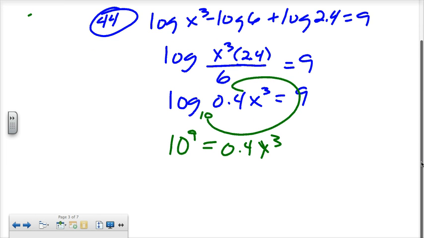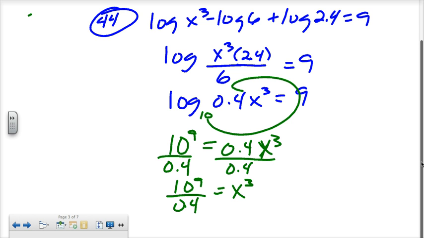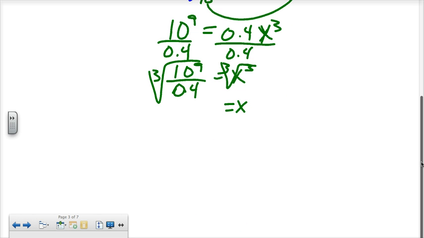Then we would go ahead and divide both sides by 0.4. And that would give us x cubed. And then finally, we would take the cubed root to get our answer. So let's see here, 10 to the 9th divided by 0.4.